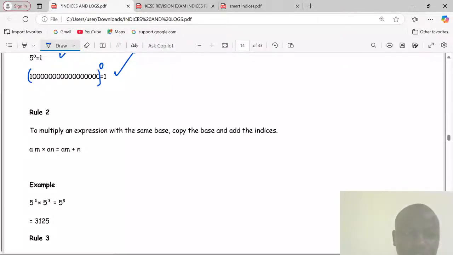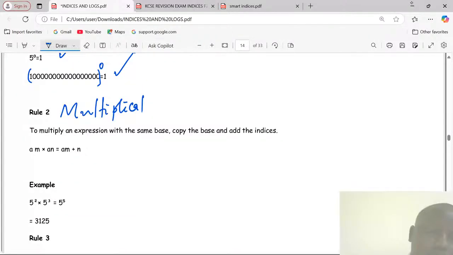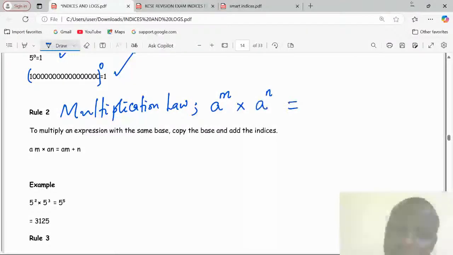Rule number 2. To multiply an expression with the same base, copy the base and add the indices. In simple law of indices, this one states that if you are given a certain number, say A, raised to M, and this number is being multiplied because the base is the same, then the answer is going to be A power the sum.